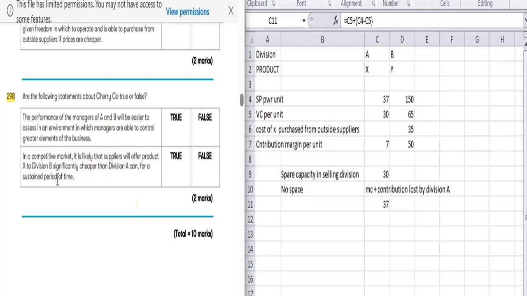So it will be beneficial for the company to buy those products from within the organization rather than from the outside supplier, because it will save the shipping cost and packaging cost as well. So it will not be cheaper to buy from the outside supplier. In case of a competitive market, it will be good to buy from the division, because it will save packaging cost and shipping cost, which is beneficial from the overall company point of view.